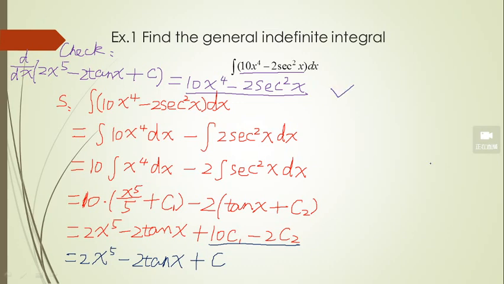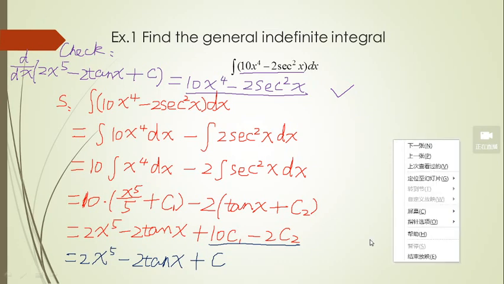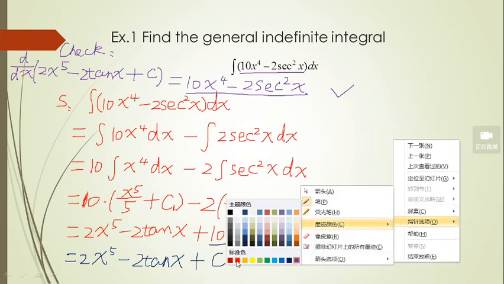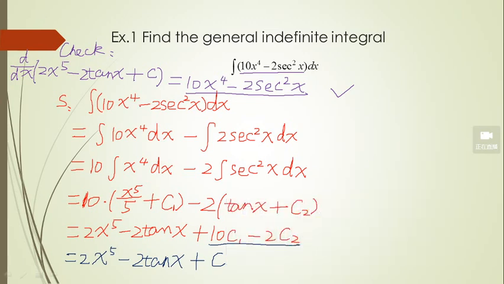This is a good way to check your answer when you evaluate your integral, whether it is correct or not. And we don't care what c is here. That's why I said there is no need to specify the constant. Just use one notation for the constant part, and the derivative of a constant is 0, right?